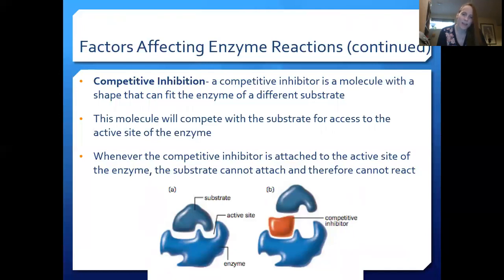So if a competitive inhibitor binds with the active site of the enzyme, that means a substrate can't bind, which means that enzyme is essentially not functioning at that point. It's out of commission. So when the competitor attaches to the active site, it inhibits the substrate from being able to bind to the active site. So a competitive inhibitor slows down the reaction rate.